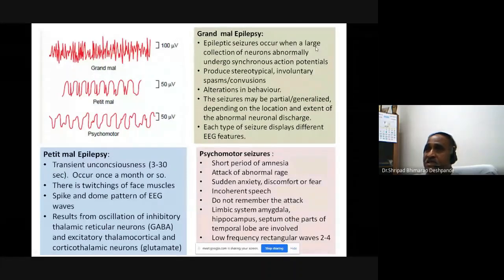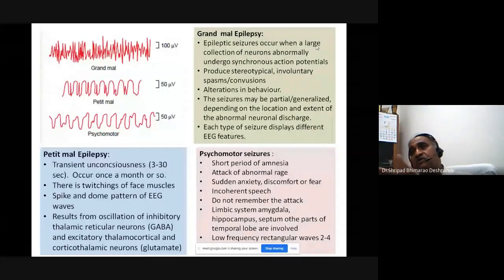These seizures are because of increased synchronous action potentials of various brain areas, and these action potentials produce the convulsions. Once they produce the convulsions, the person loses consciousness and then has subsequent effects.